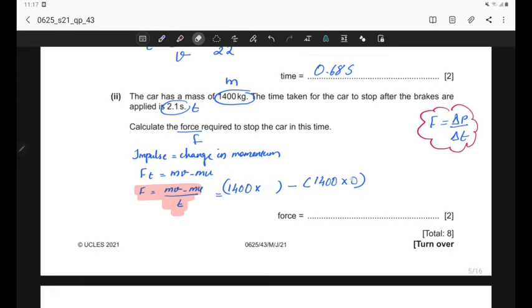The final velocity should be 0, that is mv should be 0, and mu is the initial velocity, which is 22, over time, already given in the question, 2.1. So we will get 0 minus 1400 into 22, or you can directly calculate, and the answer is 15,000 Newton. When we do the calculation, we will get a value that is 14,666, but when you write it to 2 SF, we can write 15,000 Newton.